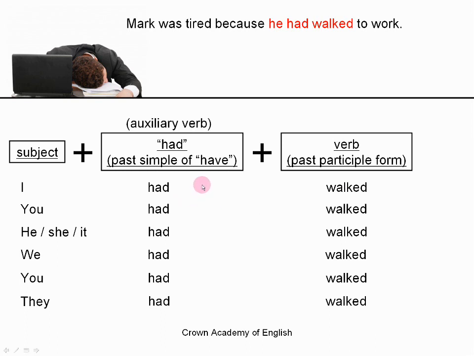And in the example, or in the form, the verb had, okay, this is the auxiliary verb. So here the verb have is being used as an auxiliary verb. And this is the main verb. So walk, or walked, is the main verb. Okay?